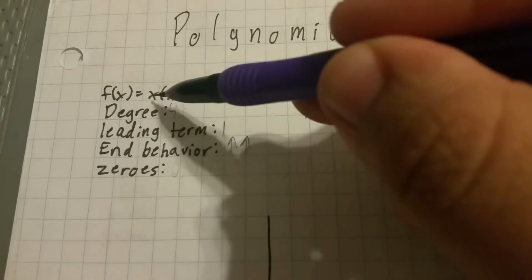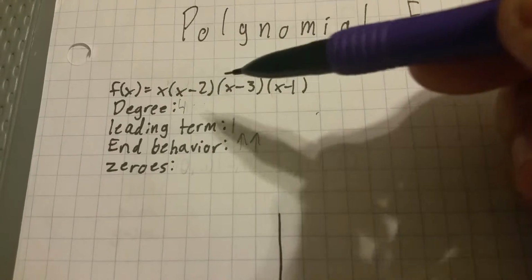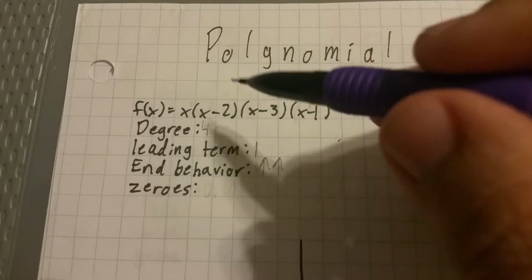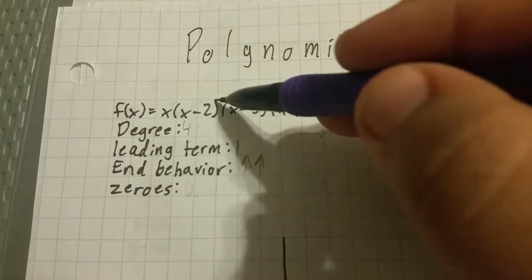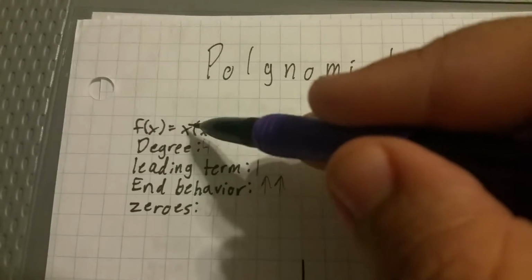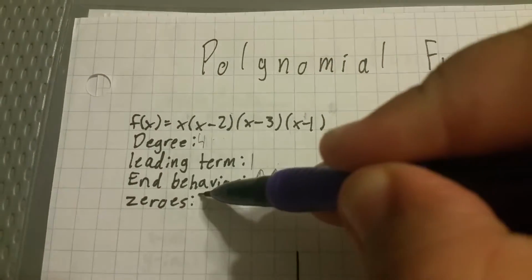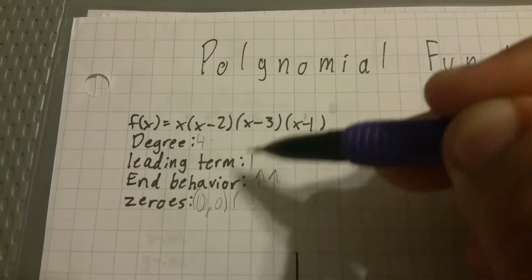The zeros are found by whatever turns this entire function into 0. So plug in 0 and figure out what it would be for each x. For this x, since it is just the x on its own, it would be 0, 0, aka the origin.